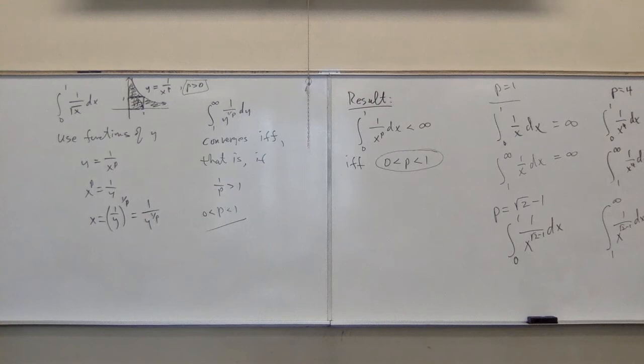How come, Scott? Well, because the square root of 2 minus 1 is going to fall into that range. Square root of 2 is 1.4-ish. Take away 1, 0.4. Yeah, this one's finite. This one diverges. Square root of 2 minus 1 is not bigger than 1. For the first type of integral, we need it to be bigger than 1.